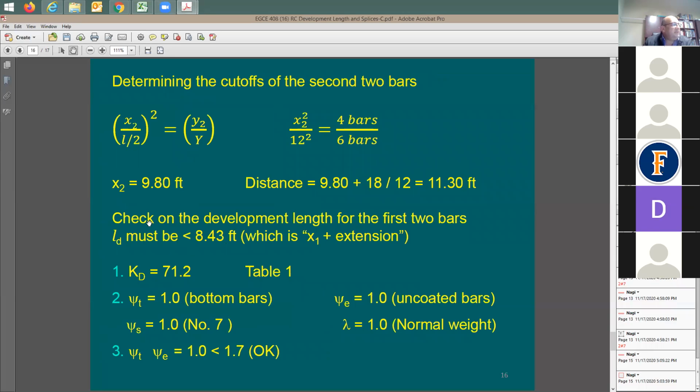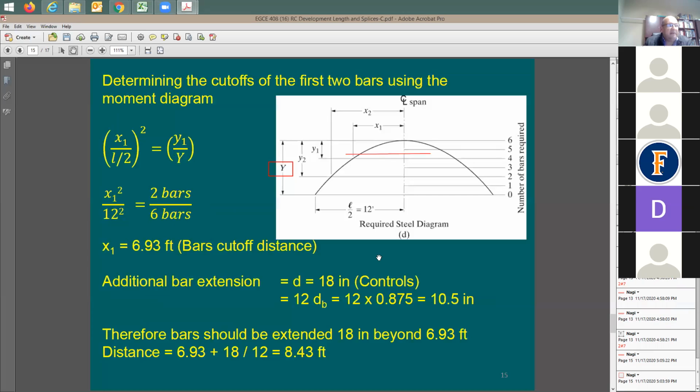Now, also, you can do the same thing. You can do the analysis that you do here for Kb and development length and the whole thing, right? Now, you want to be sure that this L sub d is going to be less than the length that I ended up with. Meaning, this development length is also measured from this section.